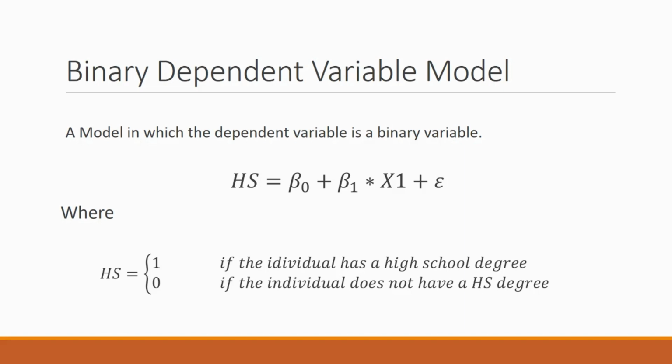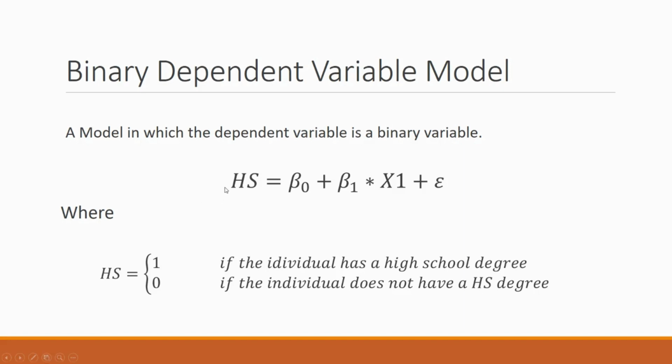I'm sure you can think of other examples. In fact, binary dependent variable models are sometimes even more common than models with continuous dependent variables. These are very common: whether or not someone graduates from high school, graduates from college, enrolls in college, applies for a microfinance loan. I'm trying to think of some more examples; I could probably sit here and think of examples all day.